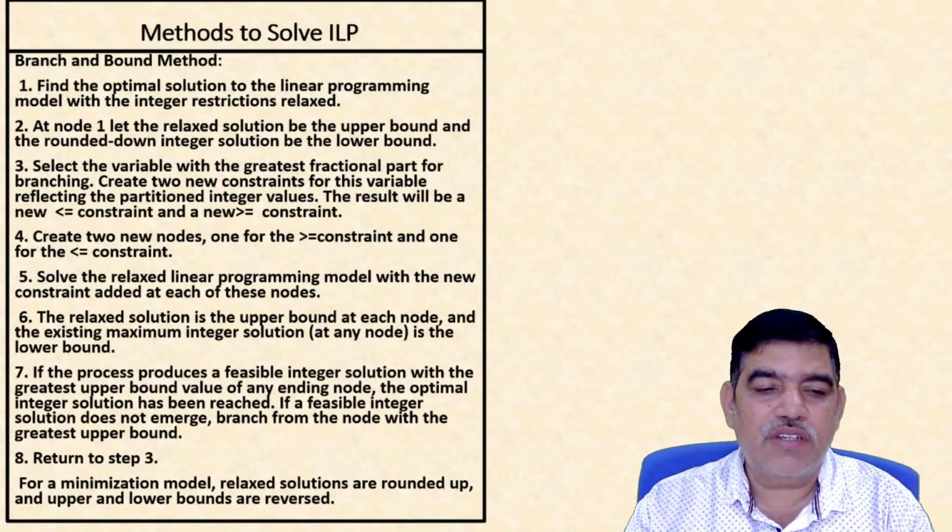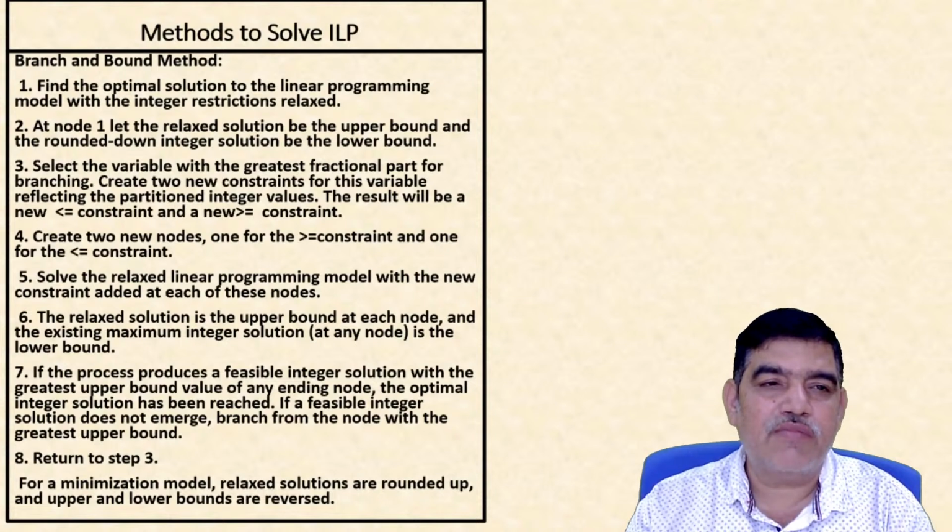If a feasible integer solution does not emerge, branch from the node with the greatest upper bound, then return to step 3, which means select the variable with the greatest fractional part for branching. So these are the steps to solve the ILP by using the branch and bound method.